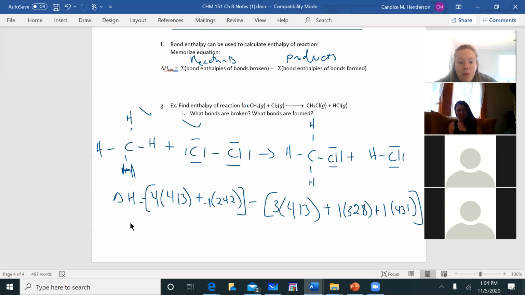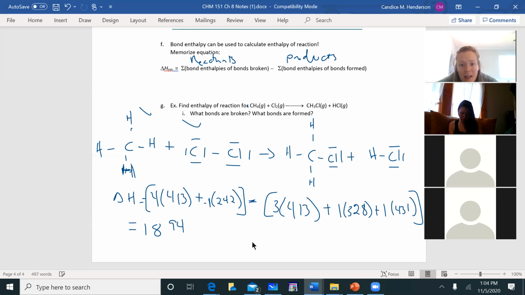Now, it is important to know this negative talks about this entire thing here. So we want to make sure that we are summing this together first and then subtracting it as a whole. You don't want to add these and then just subtract the first thing. You want to subtract each of those values. So when I plug this into my calculator, this first value here becomes 1,894.